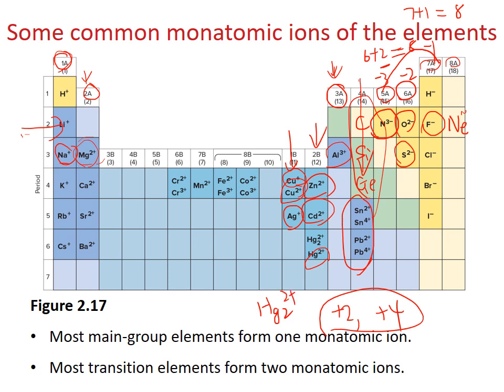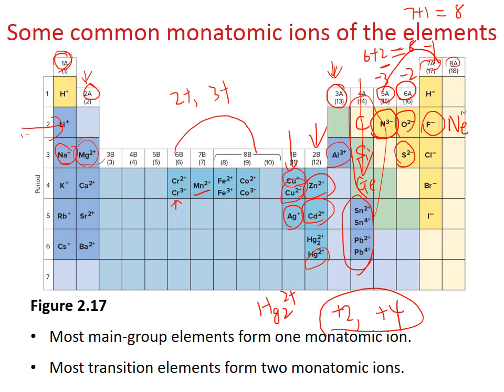Okay, now 6, 7, 8. These elements, the ions usually have variable charge, so it can be 2+ or 3+. So chromium can be chromium 2+, chromium 3+. Manganese is usually 2+, but also maybe other charges.